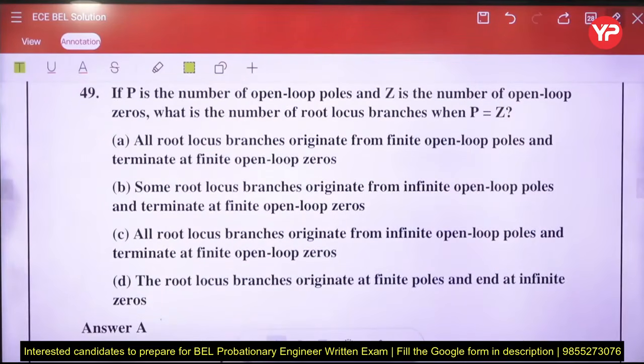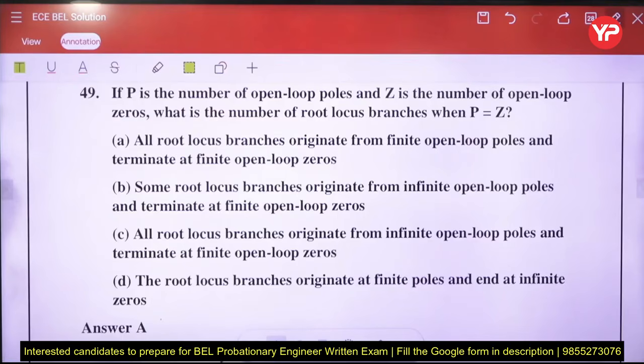If P is the number of open loop poles and Z is the number of open loop zeros, what is the number of root locus branches if P equals Z? Okay, he is talking about the root locus.